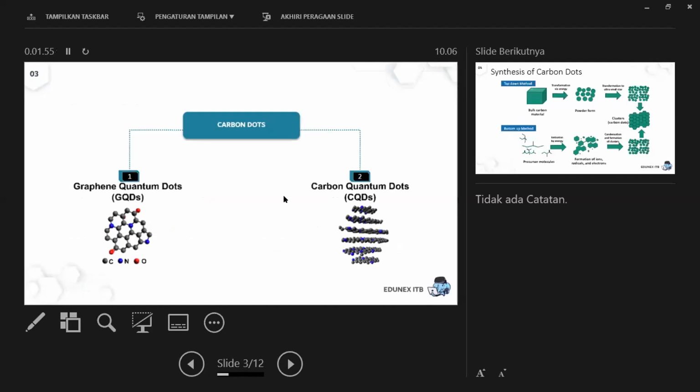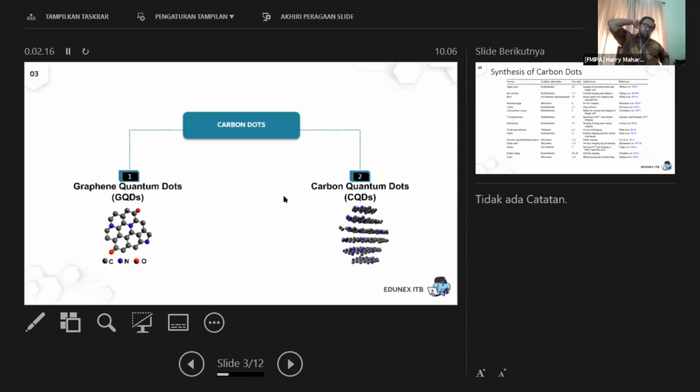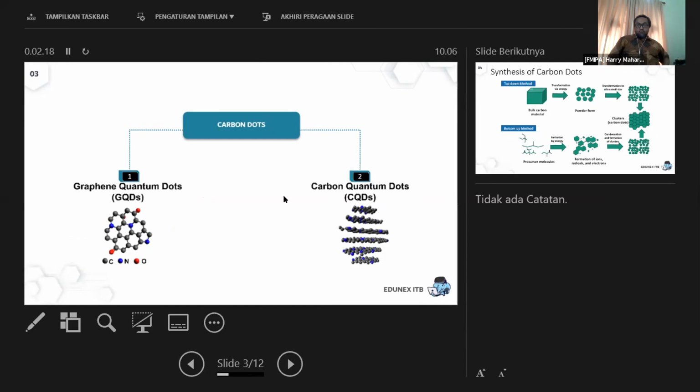In general, carbon dots can be classified into two main groups, carbon quantum dots and graphene quantum dots. The graphene quantum dots are anisotropic with lateral dimension larger than their height and possess the crystalline structure of single or a few graphene layers connected by chemical groups on the edge, with circular or elliptic shape.